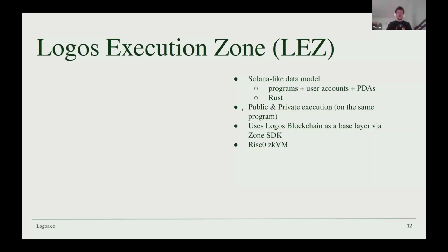And this is actually what's being used for the public and private execution. In case of public execution, you just submit the transaction to the sequencer, and the team is working on decentralizing the sequencer as well, which right now is centralized, which is fine for testnet. It's going to be a decentralized sequencer in the future. If you want to do a public transaction, you submit it, and the sequencer will execute it in the ZKVM, generate all the proofs, and do all the work for you.